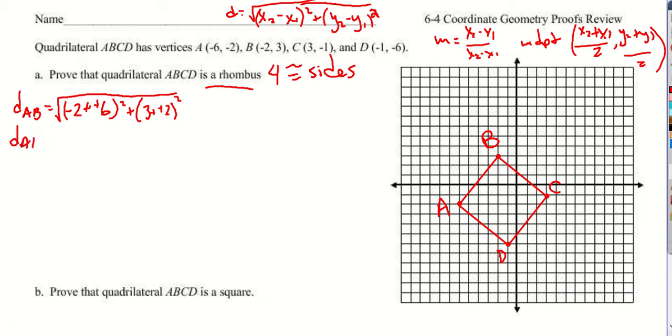So the distance of AB becomes -2 plus 6 is 4 squared, plus 3 plus 2 is 5 squared, and then this is 16 plus 25. And so that is going to be the square root of 41. So we need to get that for all the other ones.